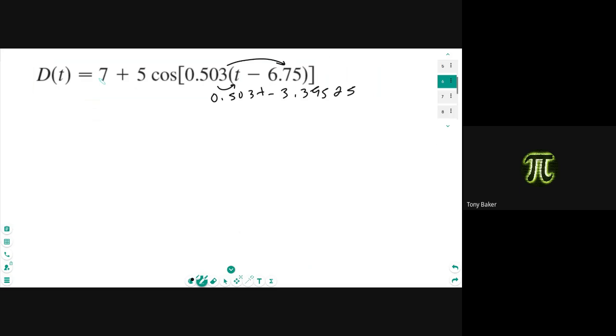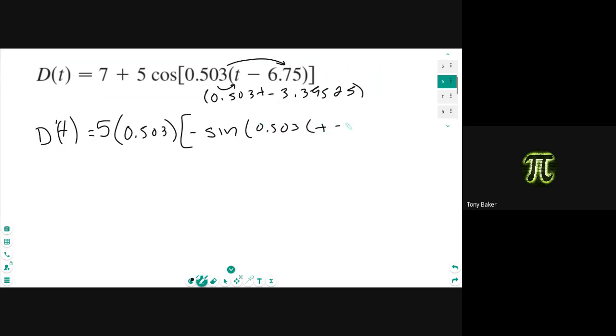So the 7 becomes nothing. That's gone. All right. So I'm going to take the 5, bring it out in front, times the derivative of the inside, which is 0.503. Correct? Times, what's the derivative of cosine? Sine of 0.503t minus 6.75.